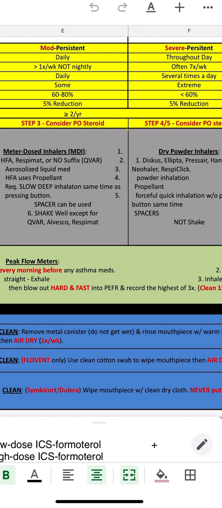Spacer can be used, shake well except for Respimat. So Respimat does not need to be shaken.